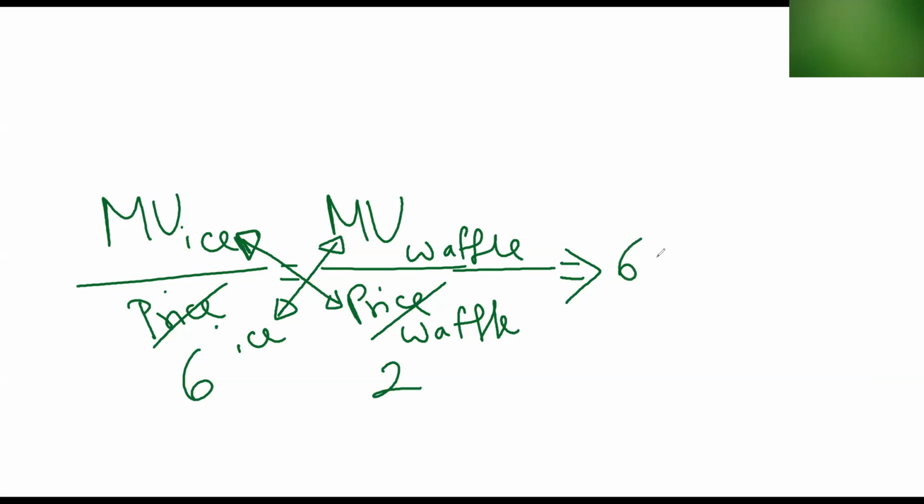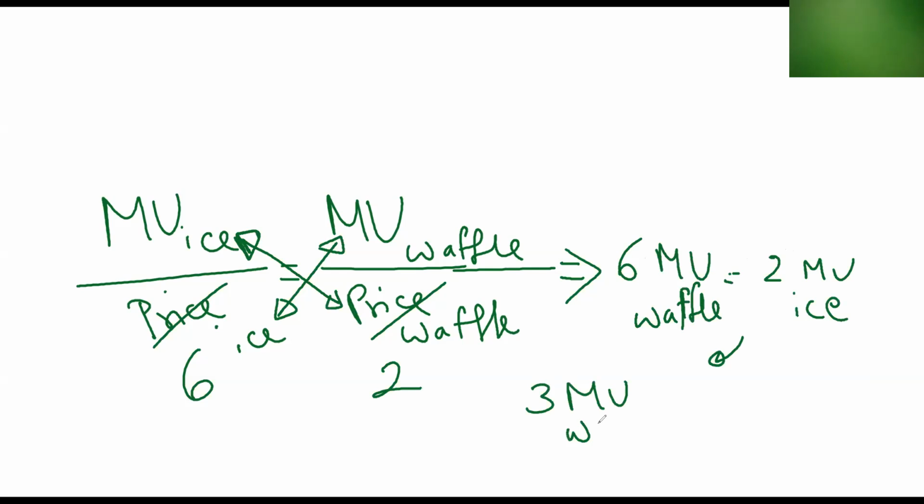So 6 mu waffle is equal to 2 mu ice cream. I'm going to simplify this. I'm going to divide both sides by 2. So mu waffle times 3 is equal to mu ice cream. So it suggests that marginal utility of ice cream is 3 times bigger than waffles.